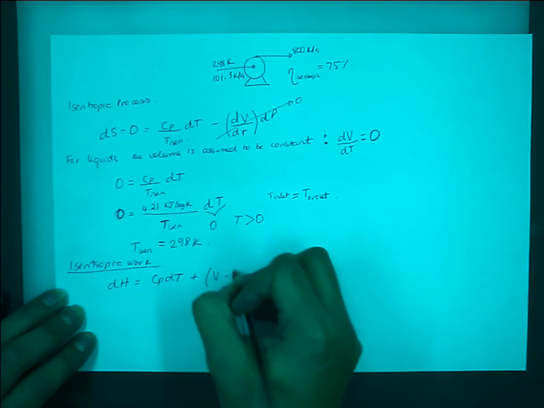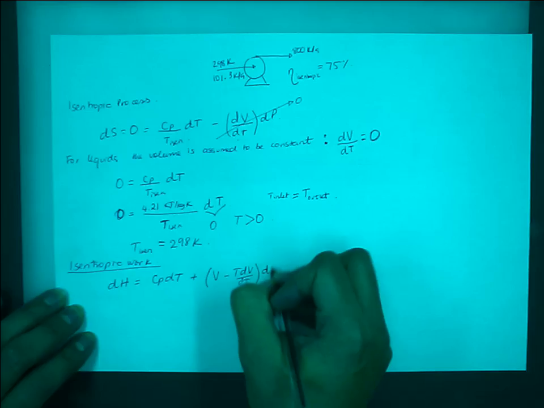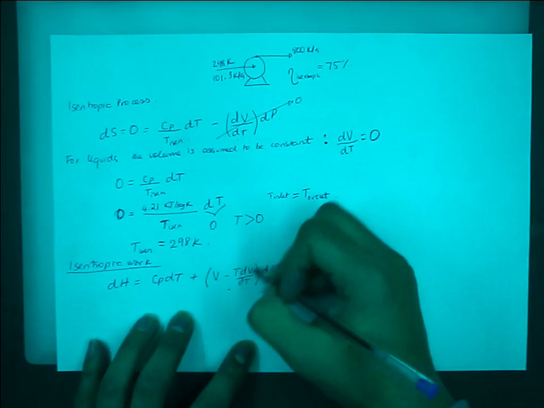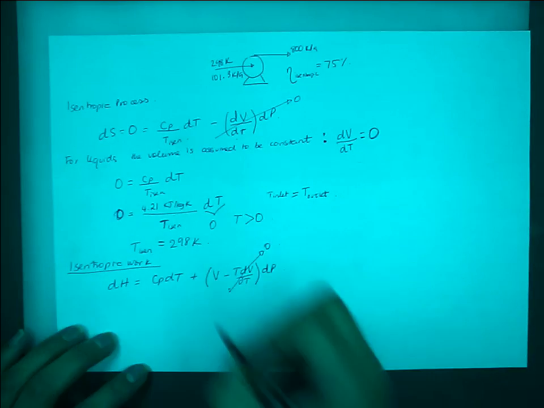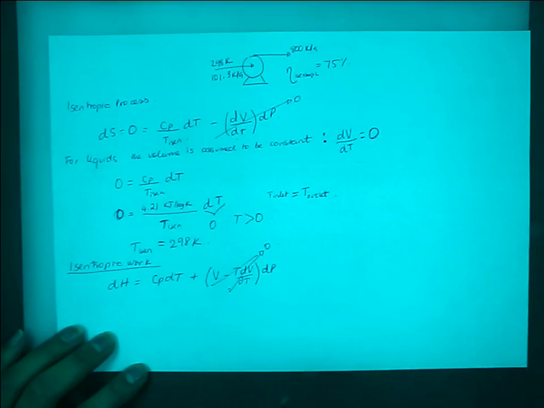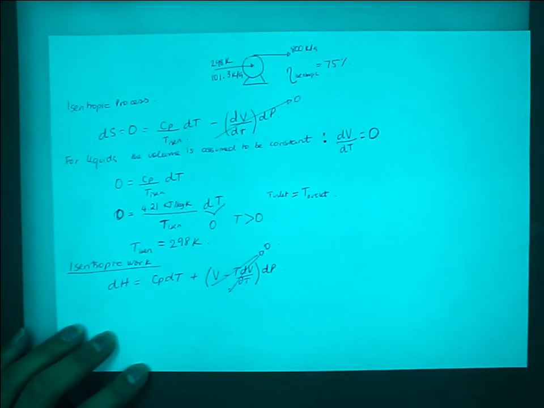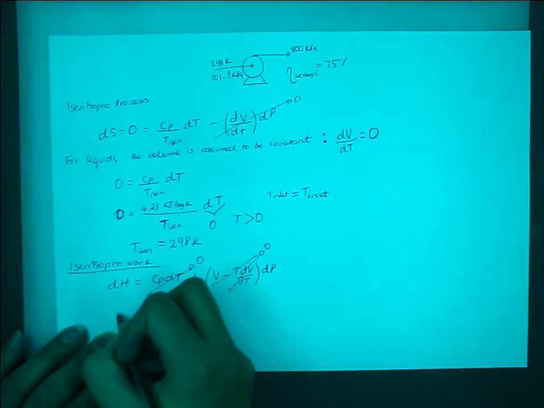Is 0. So then dH will be equal to V dP. Right? So delta H isentropic will be equal to V delta P, which is 0.001 cubic meters per kilogram times 800,000 minus 100,300.